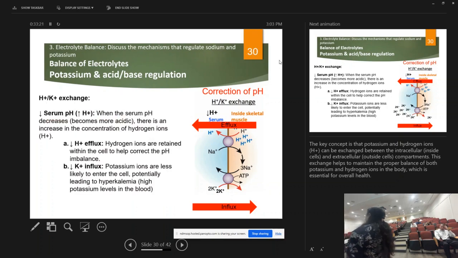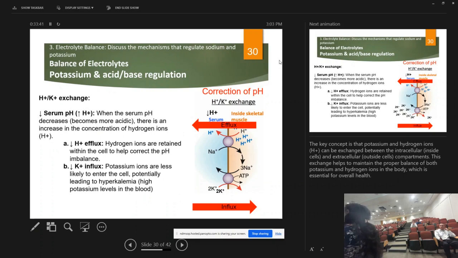However, the opposite will happen here. Proton will never go in. It will always go in this direction. So it's always an efflux pump. It cannot take in proton, so it cannot correct it that way. So here the opposite will happen.